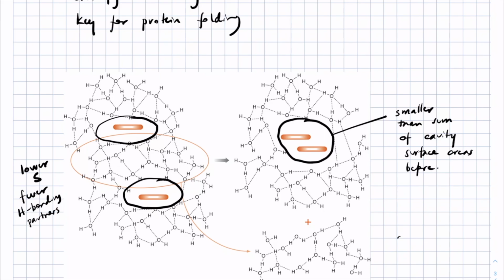Now they have lots of freedom, and they have more H bonding partners. And so overall, you've dramatically increased entropy.